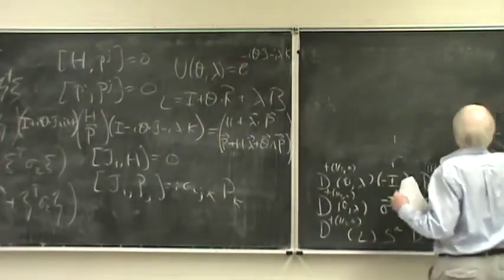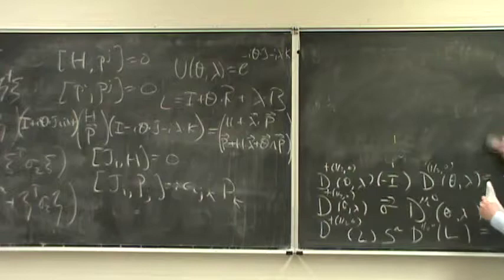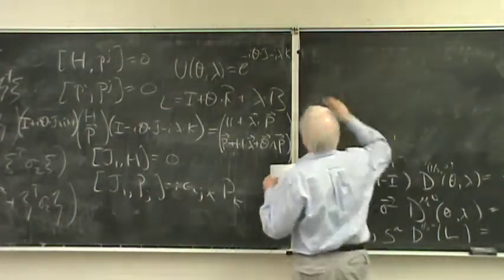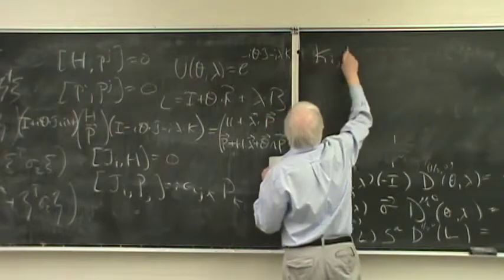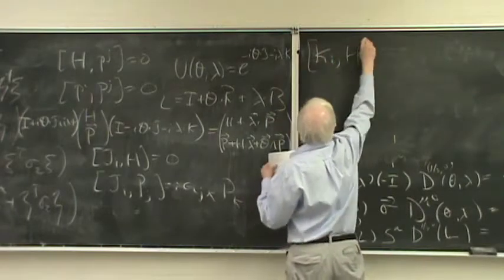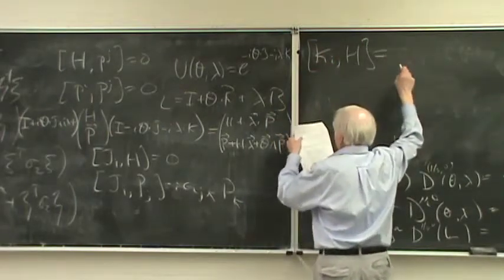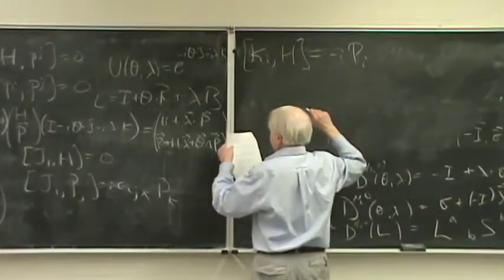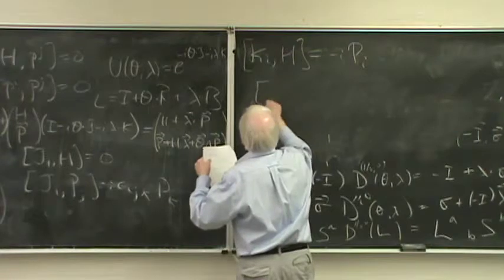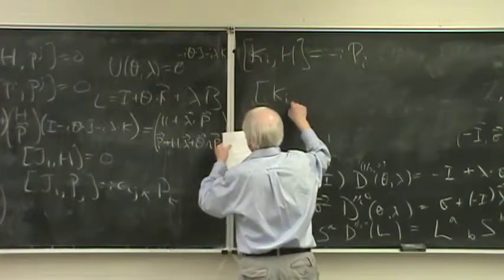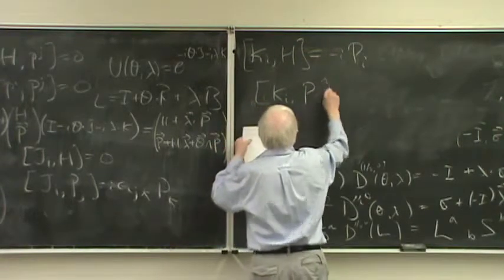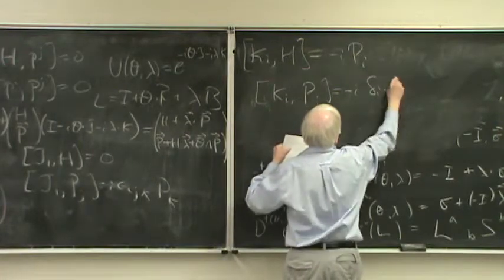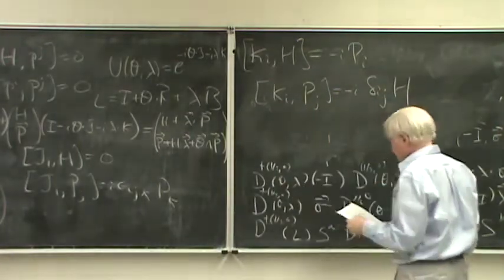What you get is the commutator of K_i with H is minus i P_i. And the commutator of K_i with P_j is minus i delta_ij H.